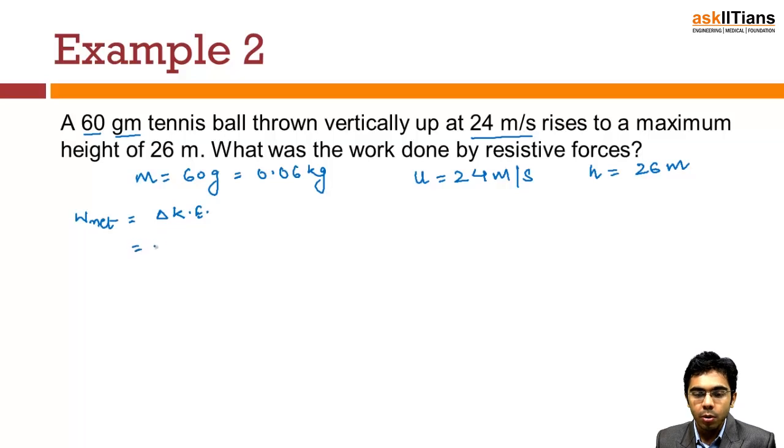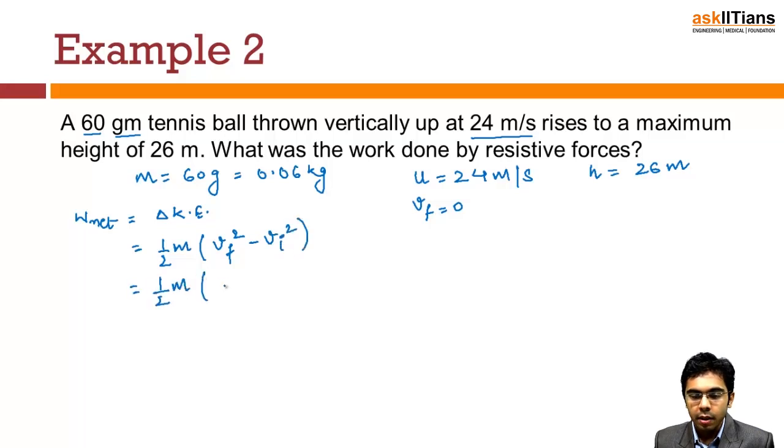Now if we talk only about the change in kinetic energy, after reaching the highest point its final speed will be 0. So what we can write is that this comes out to be half m (v final squared minus v initial squared), or 1 by 2 m (0 minus 24 squared).